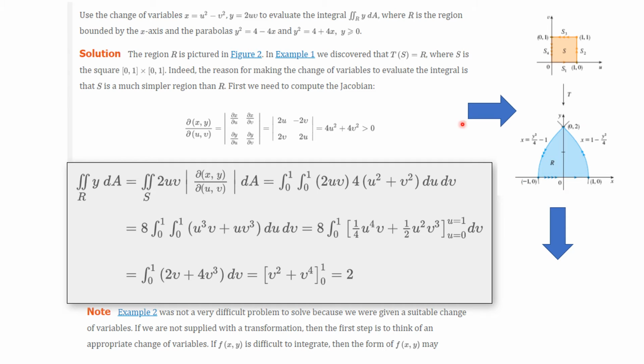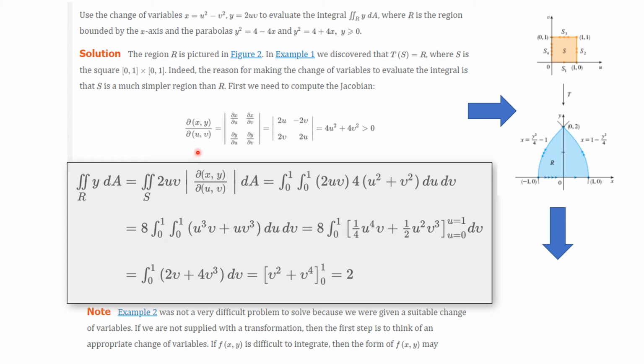So those are the identical parabolas. So the region that we had pictured is this one, and we discovered that T of S is equal to R. And so we turn that into a square, and that could be a good reason for making the change of variables, because that integral should be much simpler.